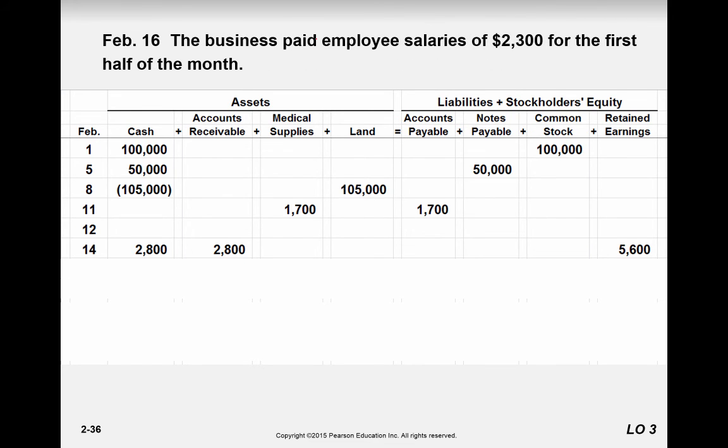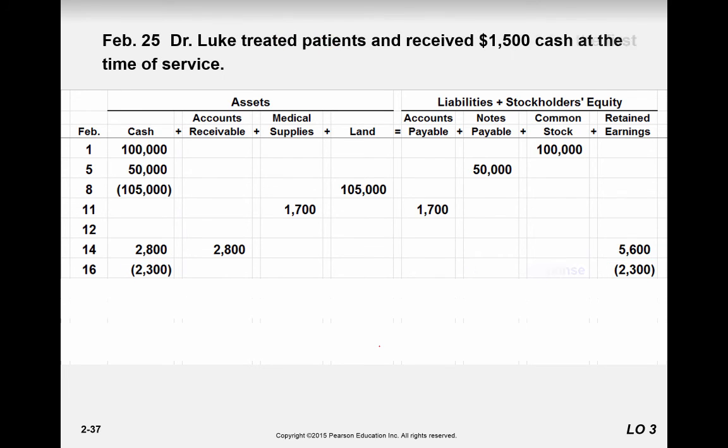Now we paid our employees $2,300. So since we paid them, we have to reduce our cash. And here we have salaries expense. And now we treated patients and we received $1,500 of cash at the time of service. So in this case, we are getting $1,500 from our patients and we are earning revenue again.